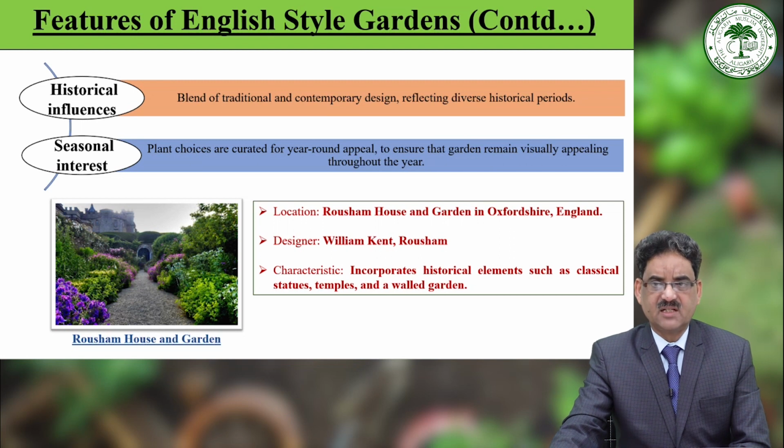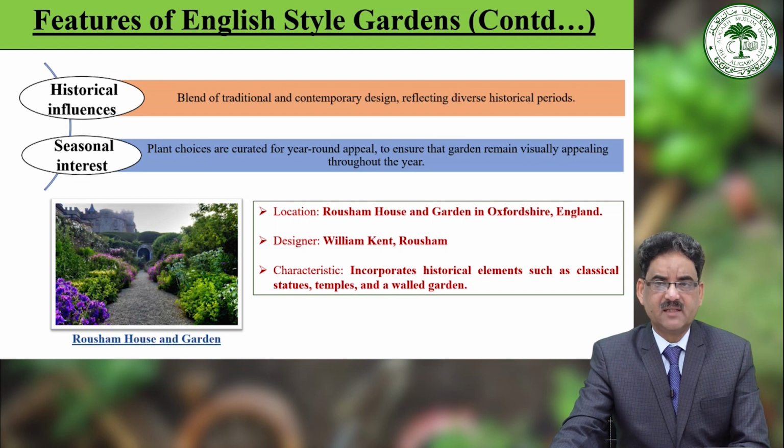The last feature is its seasonal interest, that is about careful consideration during plant selection in English gardens that ensures a visually appealing landscape throughout the year. It is achieved by incorporating plants that provide interest during different seasons.